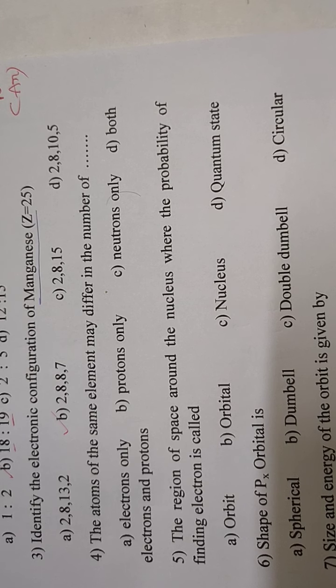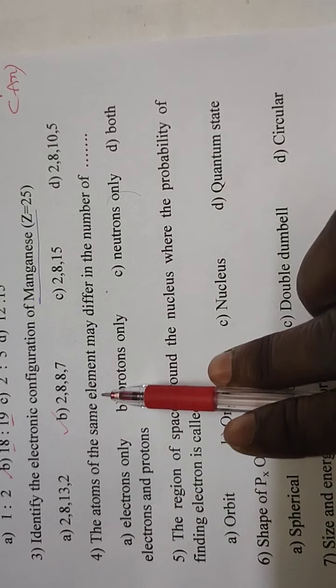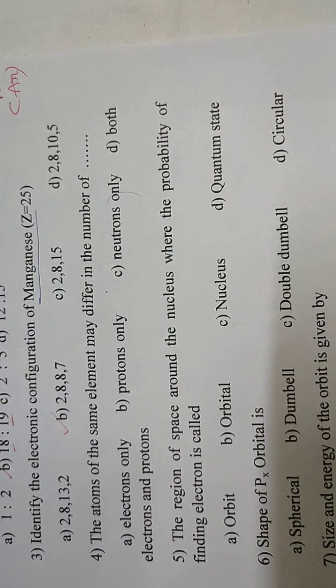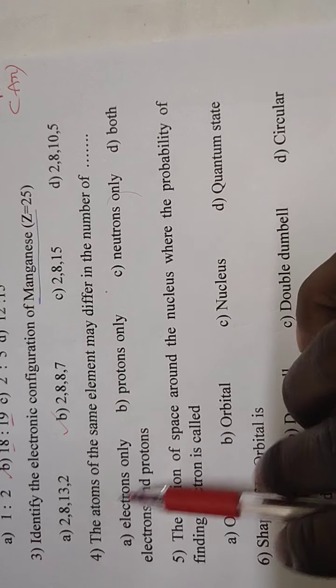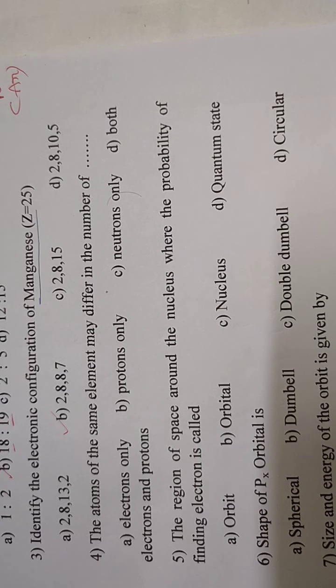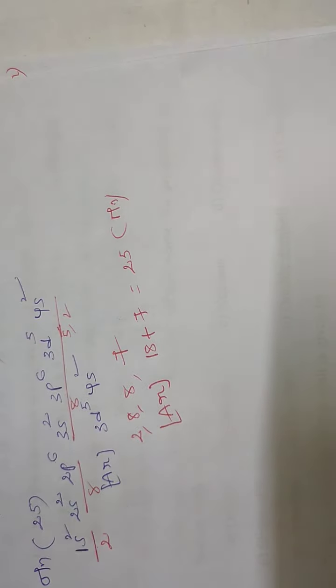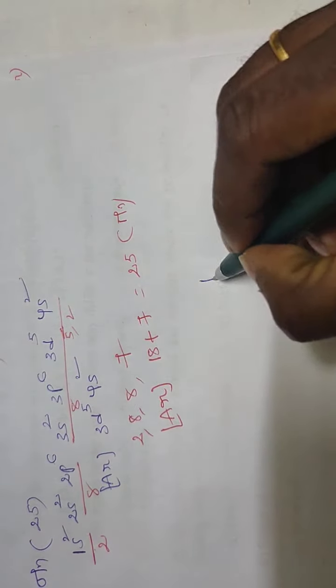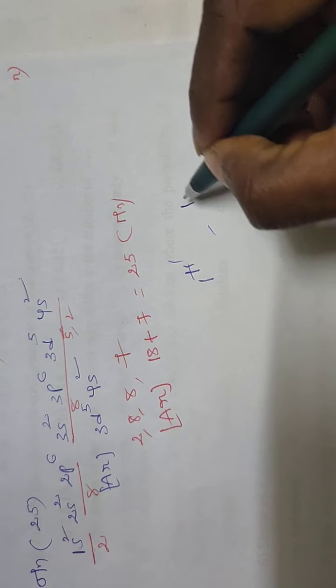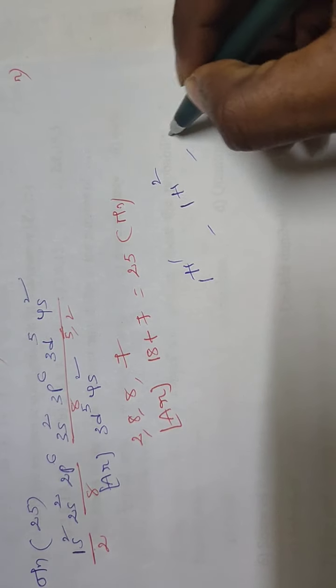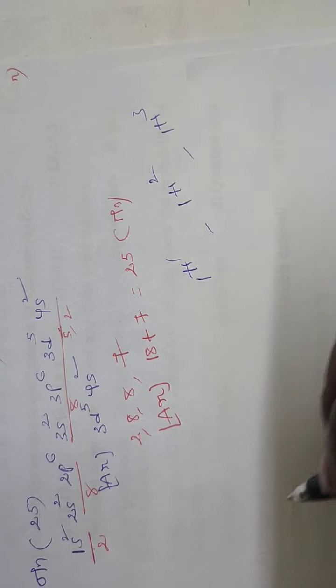And then the fourth bit: the atoms of the same element may differ in number of... The atoms of the same element means isotopes. 1H1, 1H2, 1H3, these are the isotopes of hydrogen.